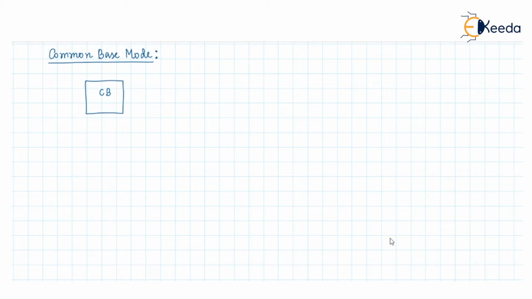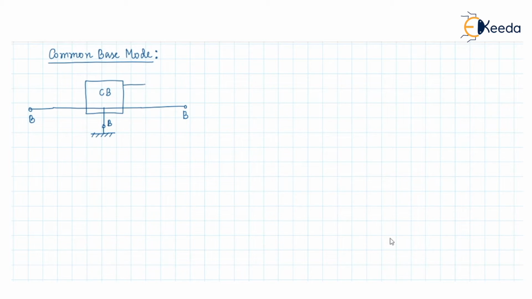Since it is a common base connection, the base terminal will be grounded and the base terminal is common to both output and the input. So this is the base of the transistor, which is common to both the output circuit and the input circuit.